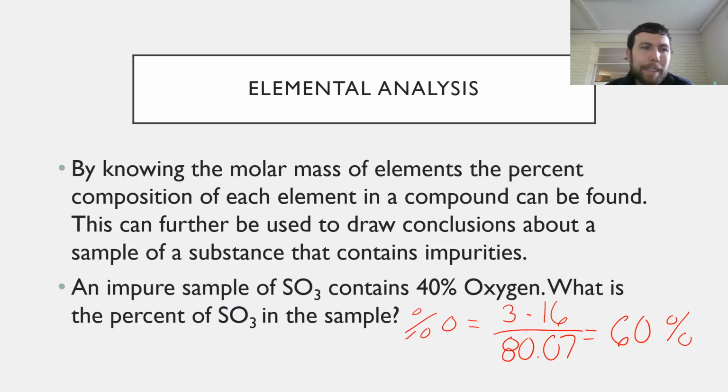And so that's pretty much what I want you guys to be able to gather from this particular section: understanding how we can use percent composition to help us to determine whether or not a sample is pure or not, and then be able to make conclusions about how that sample became impure. Does it have a greater percentage of one element or a lower percentage of another, and what the implications for that are.